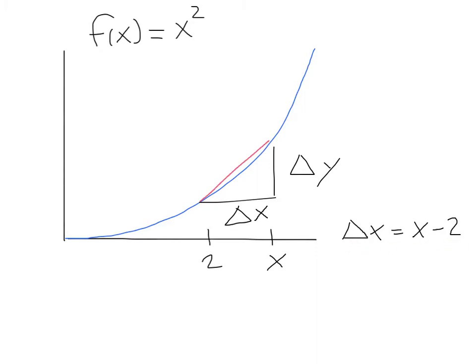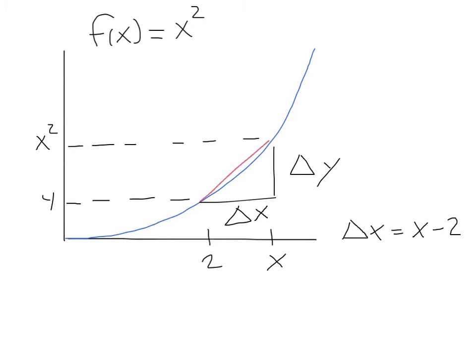Delta y is a little bit harder, so we need to find the change in y values, which means we have to know this y value over here and this y value over here. Since we know the equation f of x equals x squared, it's easy to find the y value.